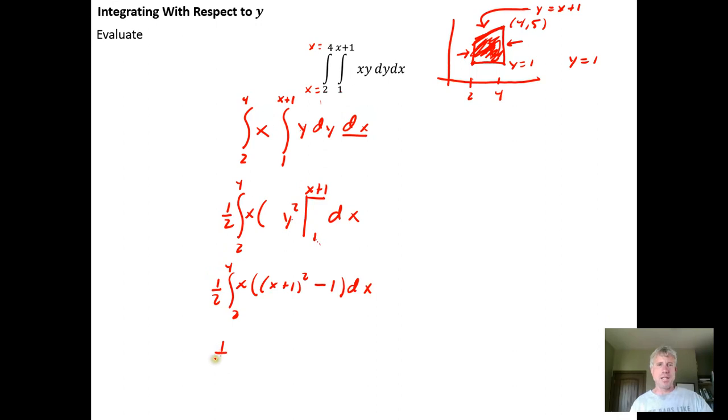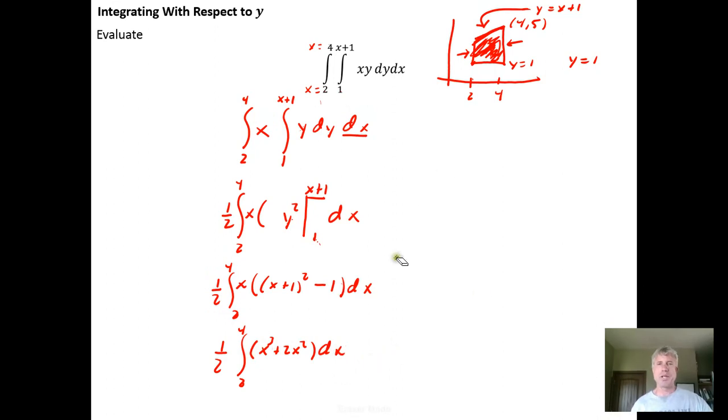This is 1/2 the integral from 2 to 4 of x times, square the stuff out here, you're going to get x squared plus 2x plus 1, minus a 1, and this is still a dx. The 1 minus 1 will cancel, and we can distribute the x in. We get x cubed plus 2x squared, and this is the dx.